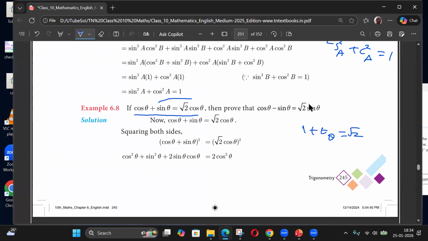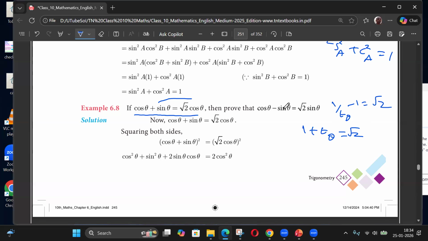See, here I got 1 plus tan theta is root 2, right? So similarly, if I divide by sine, I'll get cot theta, which is 1 by tan theta minus 1 equal to root 2. So these two should be equivalent.